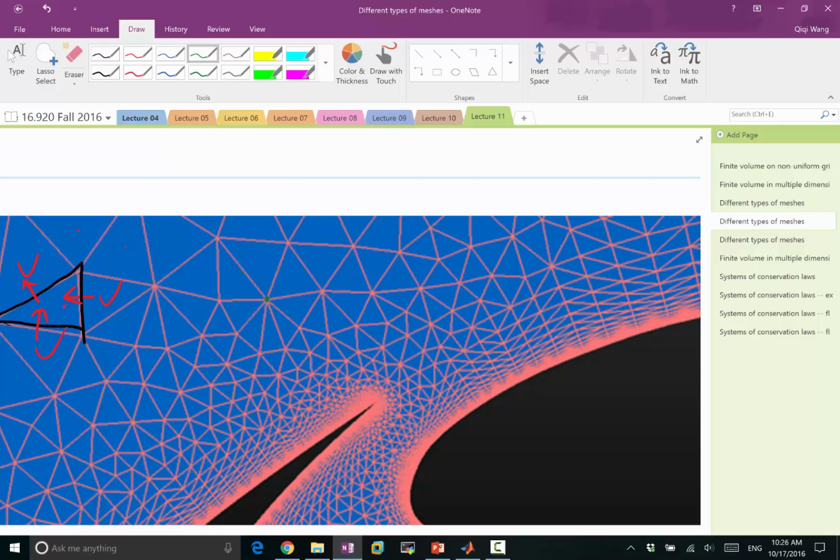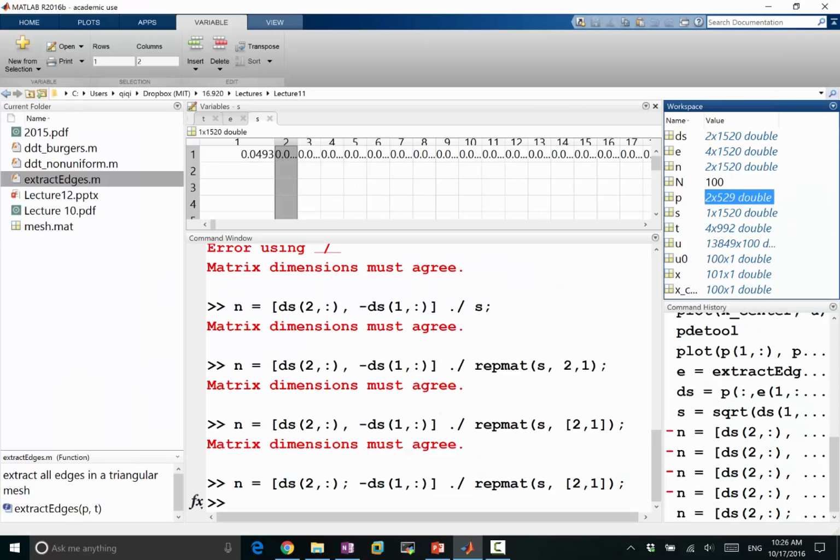If the average number of edges shared by a point is greater than 4, then the number of edges is more than twice the number of points. There is a relationship between the number of edges and the number of triangles.